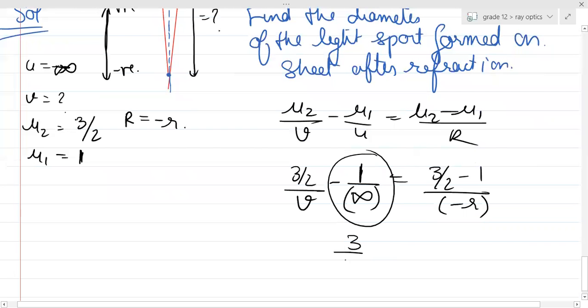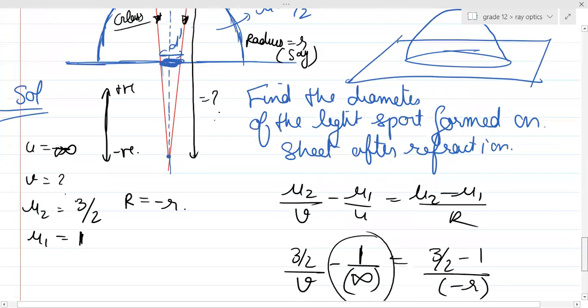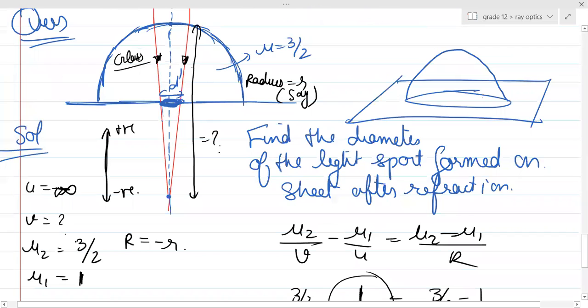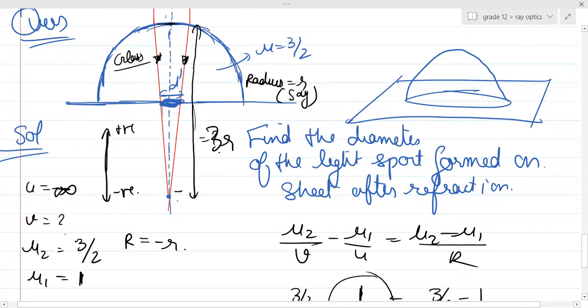And this will be 3 by 2v is equals to minus 1 by 2r, since the 3 and 2 cancel. And can you see from here v will be equals to minus 3r. So can you see the sign automatically comes in the answer? Yes, sir. In the negative direction at a distance of 3r from the refracting surface, the point where the refraction is taking place, is the image. Yes or no? But obviously this distance is smaller, this distance is bigger.